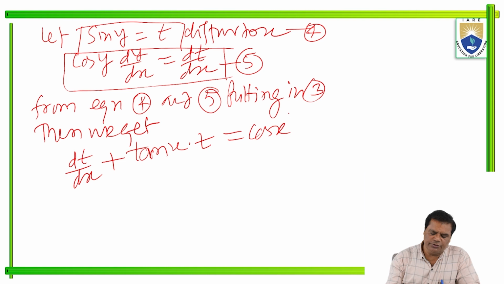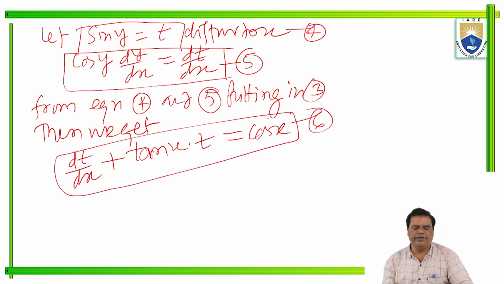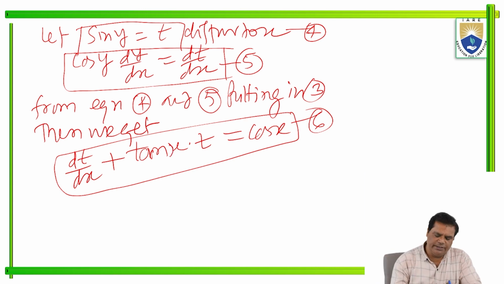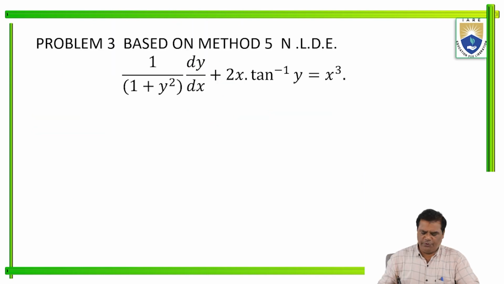So this equation is 6. This is a linear differential equation. Now comparing with dy dx plus py is equal to q.